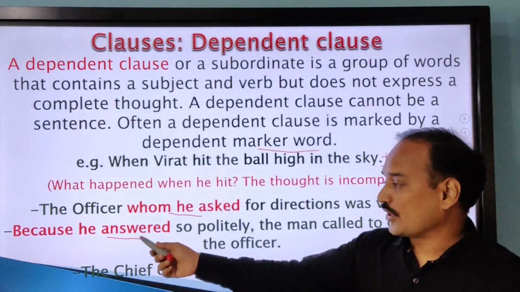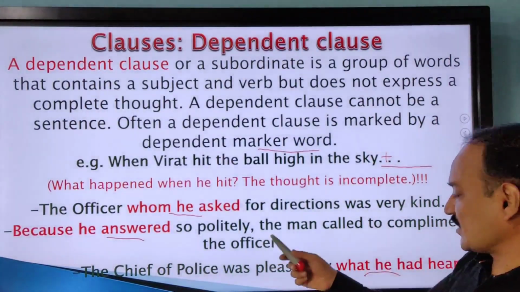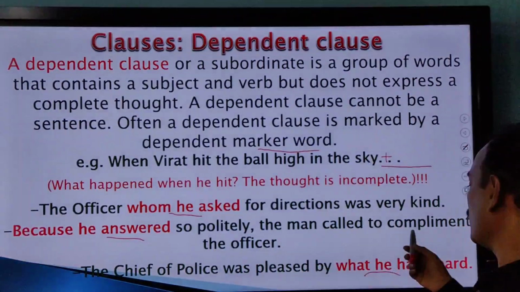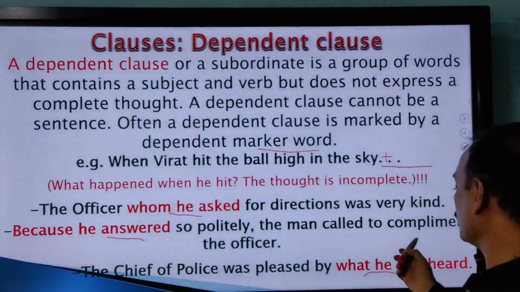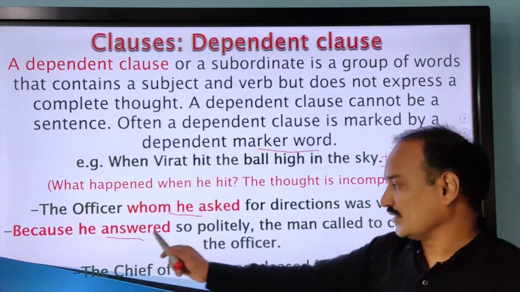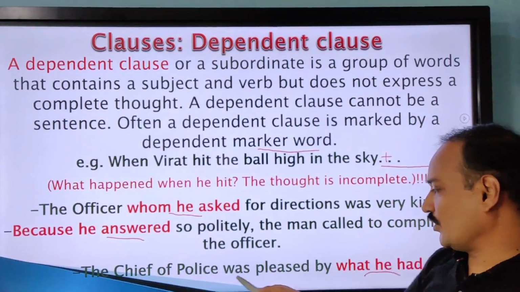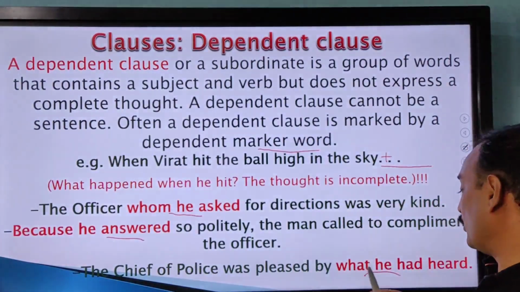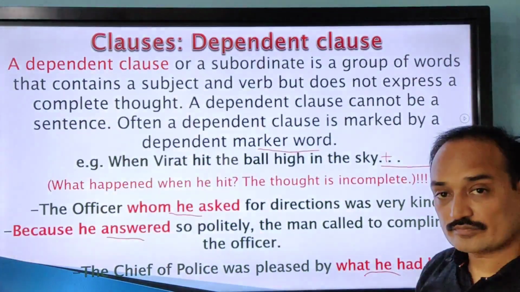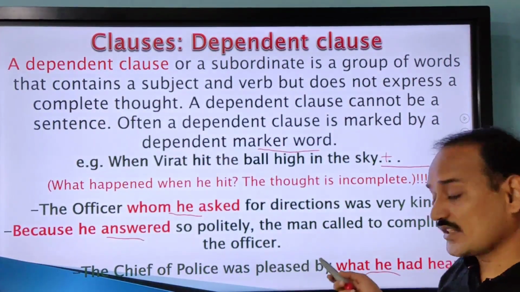Next example is: because he answered so politely. Because he answered so politely, the man called to compliment the officer. When this sentence is added, then only its meaning is getting clear. The chief of the police was pleased by what he had heard. What he had heard? No meaning. The chief of police was pleased.